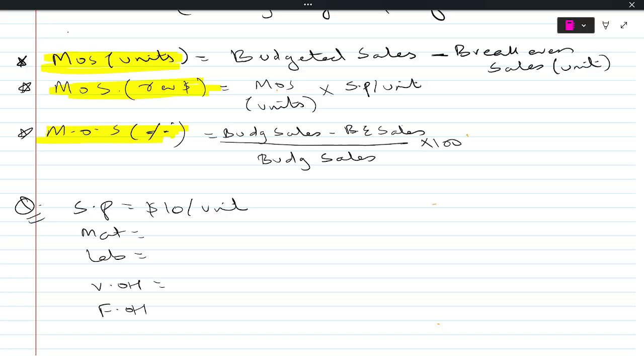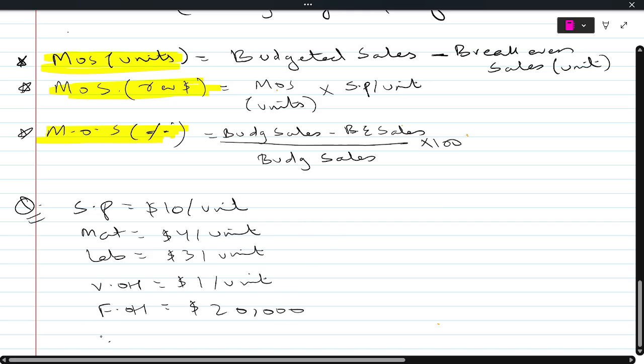Material per unit is $4, the labor is $3 per unit, variable overhead per unit is $1 per unit, and fixed overhead is $20,000.